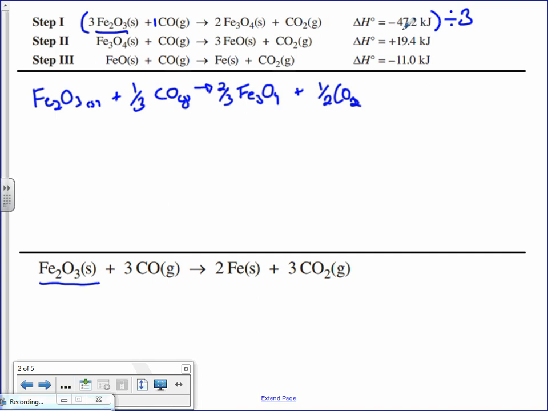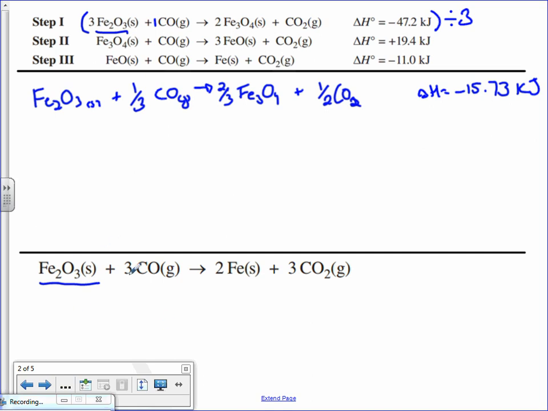My delta H value also has to be divided by 3. So negative 47.2 divided by 3 is going to give me a new delta H of negative 15.73 kilojoules.